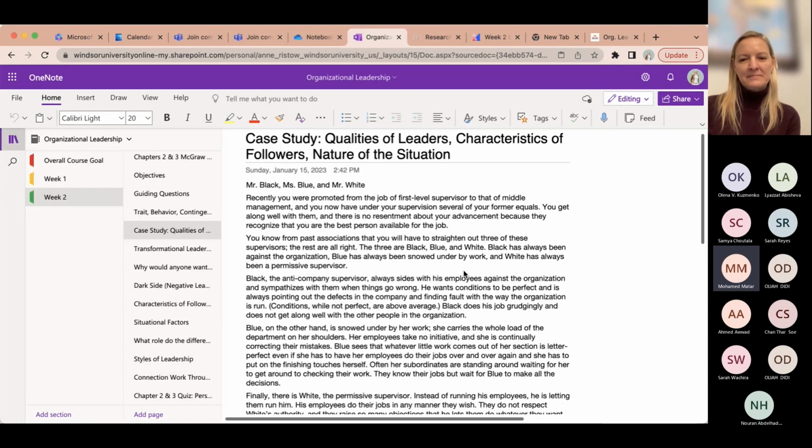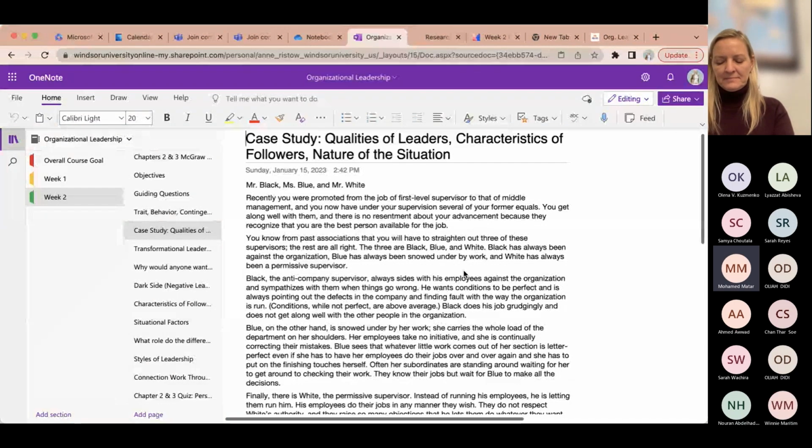So I think they will listen to me a little bit when I start to discuss with them my findings, because I was working with them, so I know each one of them and their performance. So Mr. Black, I would just tell him that it is a company, and you should respect the decision of the upper management.